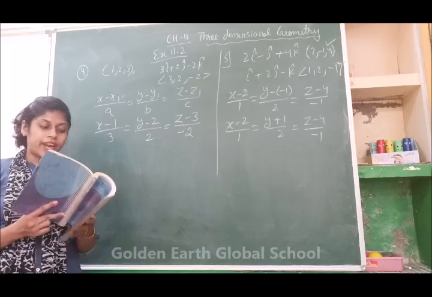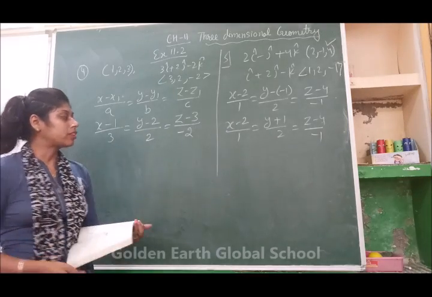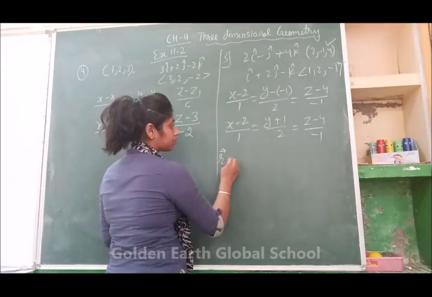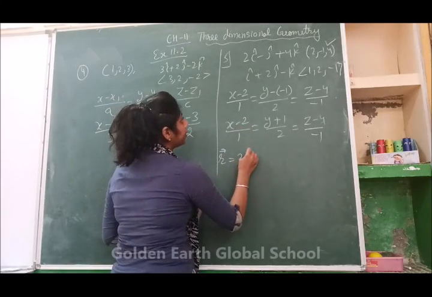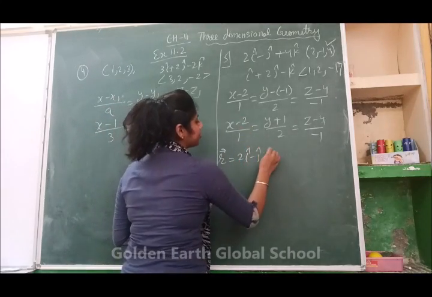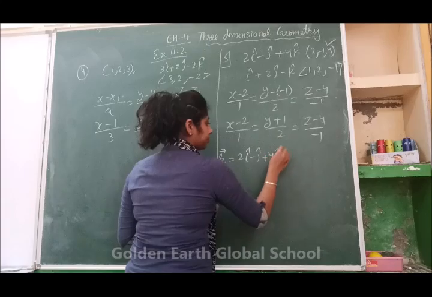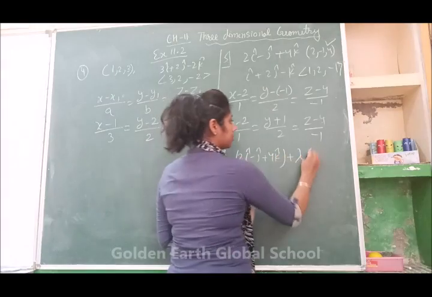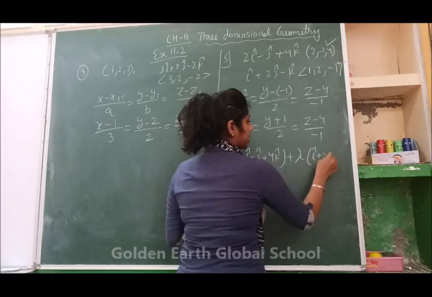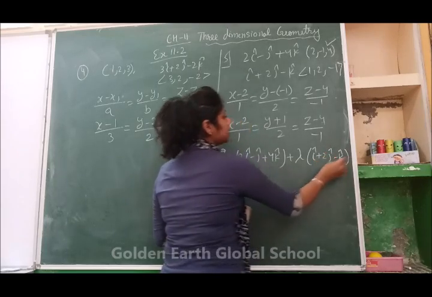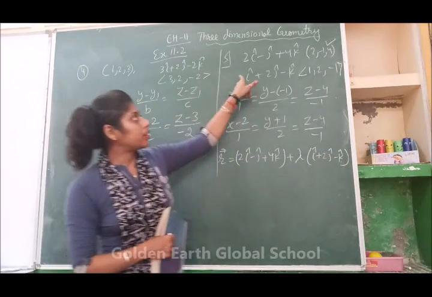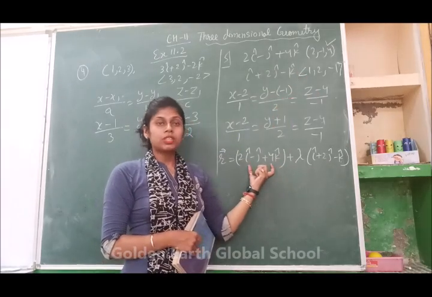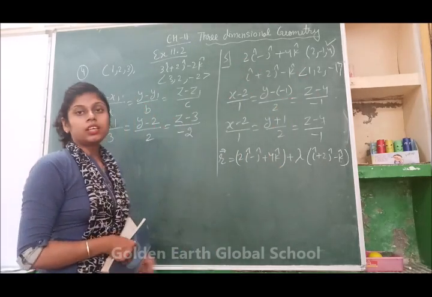Now we have to find its vector form. Vector form should be, you will write r equals, firstly the passing point 2i minus j plus 4k, plus lambda times i plus 2j minus k. That is the line in the direction of this vector, and firstly the position vector from which it passes.